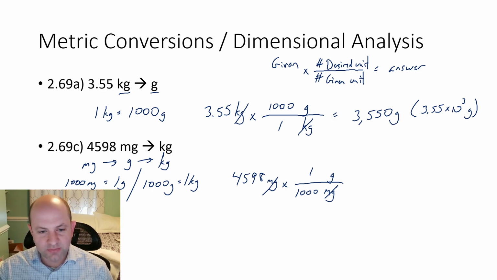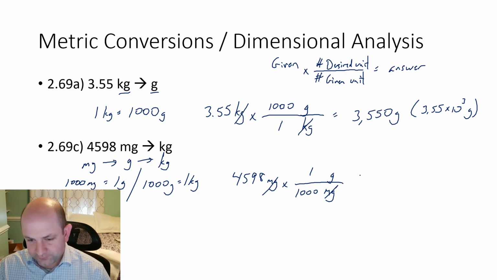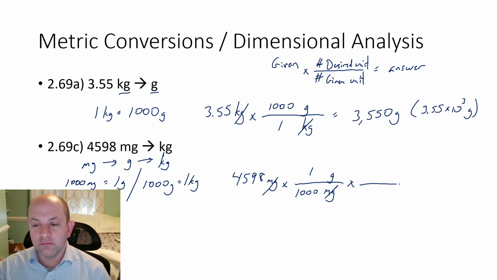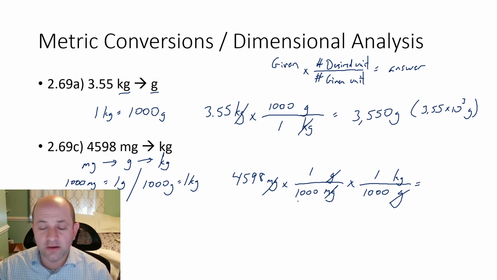We got to grams, but we want kilograms. So we come back over here. We say, okay, second step. I have grams now, but I want to get rid of it. So now grams goes on the bottom to cancel out. Kilograms goes up top. And use our second conversion. 1 kilogram is 1,000 grams. Now the grams cancel out. We've got kilograms. And we do the math. We divide by 1,000 once.